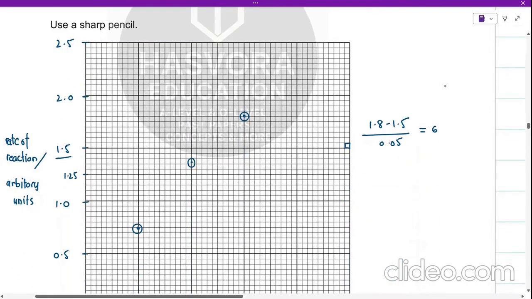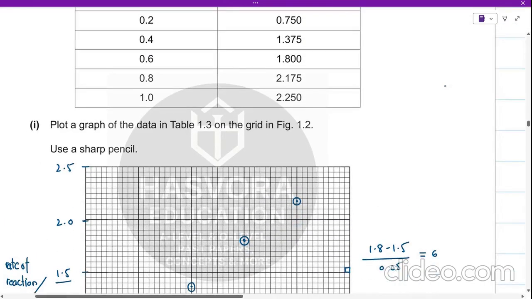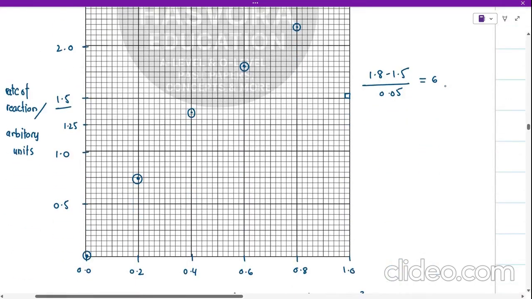Next is 0.8 and 2.175. Let's do the same for it. 2.175 minus 2 divided by 0.05 comes out as 3.5, so this will be about 3.5 small boxes above 2.0. Now the last one is 2.25 and 1.0. It will occur just between the mid of 2 and 2.5.